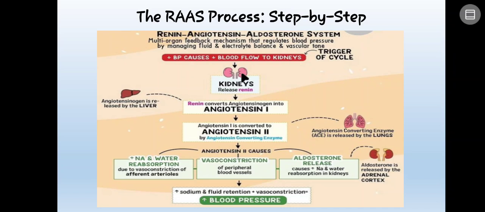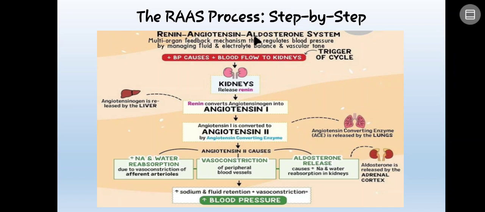So when your blood pressure is low, less sodium is delivered to the distal tubule because of the reduced filtration. Because if your blood pressure is very low, there is going to be a reduced ultrafiltration. The filtration rate will reduce, and therefore the macula densa cells are going to sense a reduced sodium concentration.